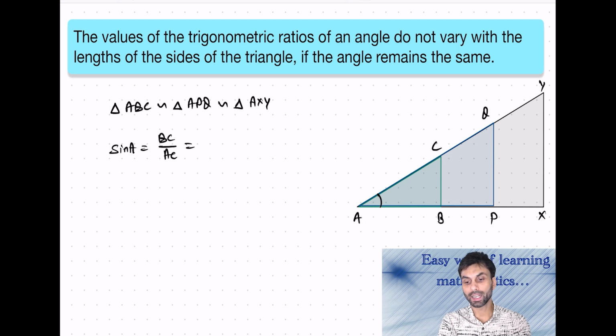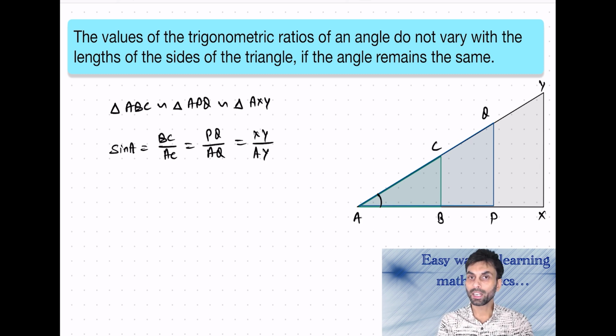We can also write it as PQ upon AQ. We can also write it as XY upon AY. And in all these cases, what we'll find is that the ratio will not be different. As we know, a ratio can have many equivalent forms. So once you simplify all these ratios, it will end up giving you the same answer.